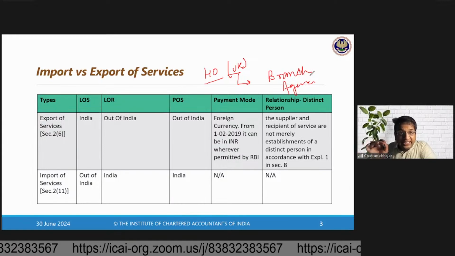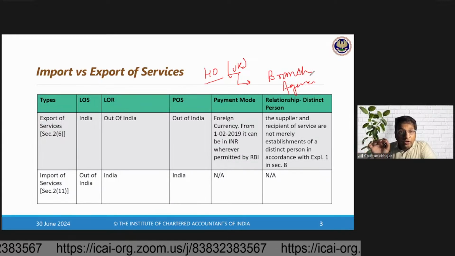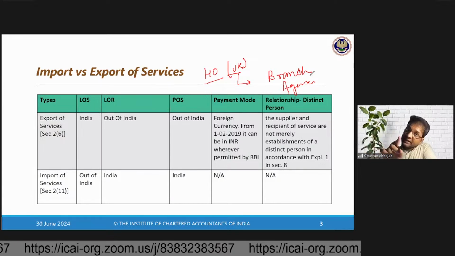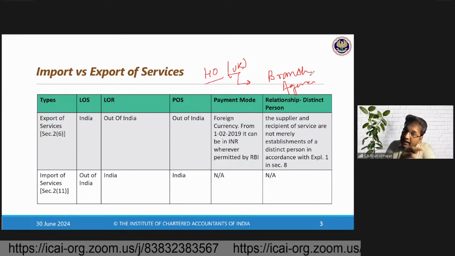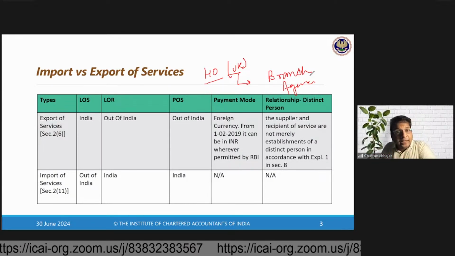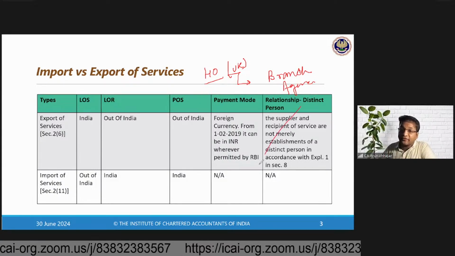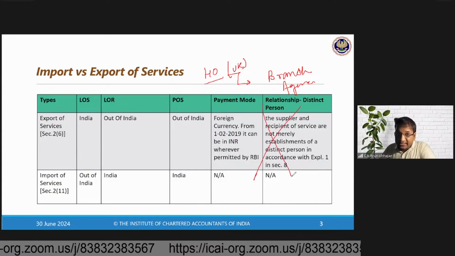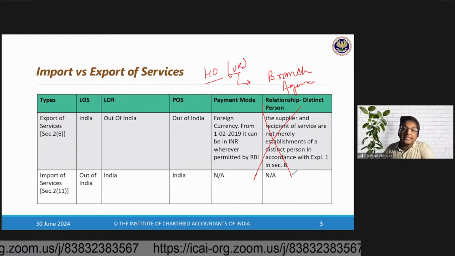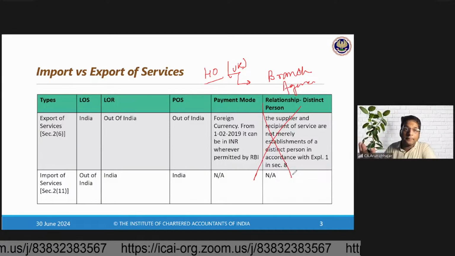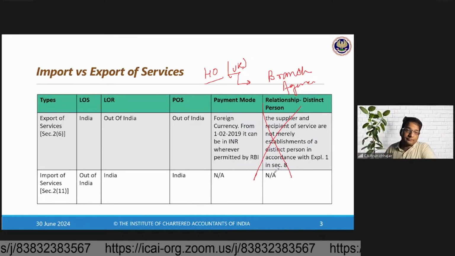In all these cases, the branch will be treated as merely an establishment of the distinct person. And if they are merely an establishment of the distinct person, the 5th condition is breached, not satisfied, and therefore the transaction between HO and the Indian branch will not be treated as export of service.